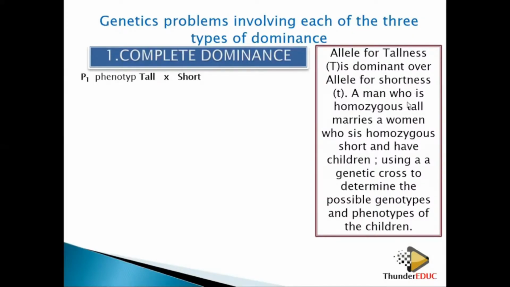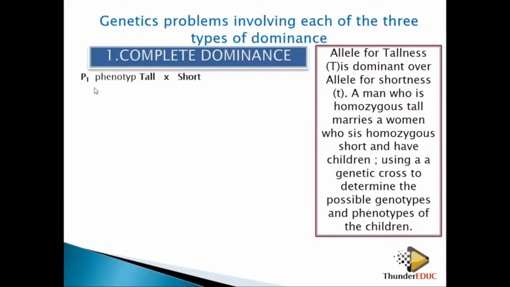So it means that this guy is homozygous dominant. So he marries a lady who is homozygous short, and short, they say, is recessive. And then using a genetic cross, determine the possible genotypes and phenotypes of the children.